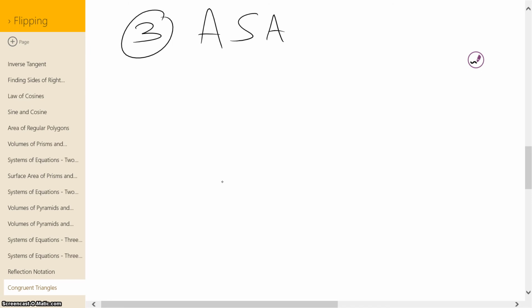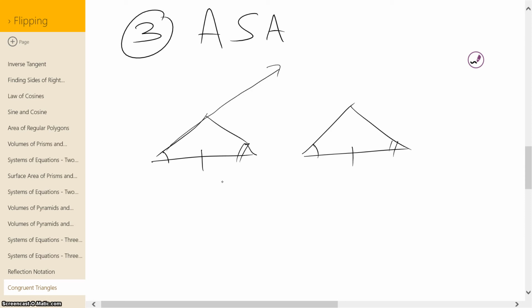All right, let's take a look at another sandwich here. This time we're going to look at angle side angle. So if you've got another pair of triangles here, and you know this side is congruent to this side, and this angle is congruent to this angle, and this angle over here is congruent to this angle over here. Again, you've got a sandwich set up here where these angles, if you extended them into rays, have to intersect at this point.